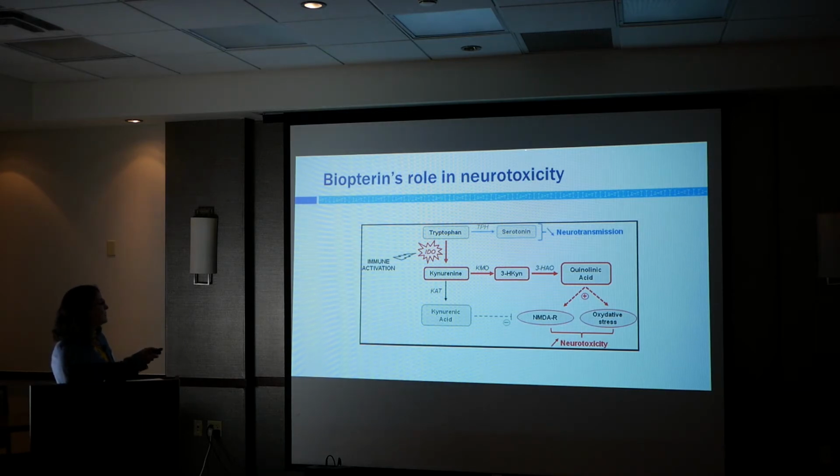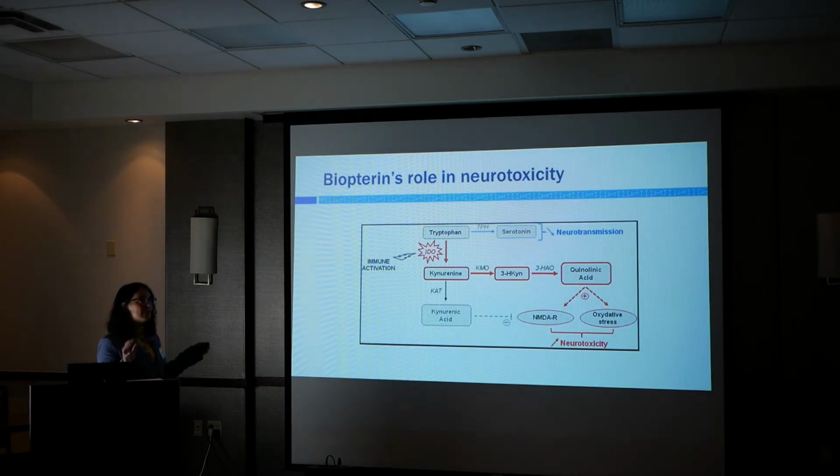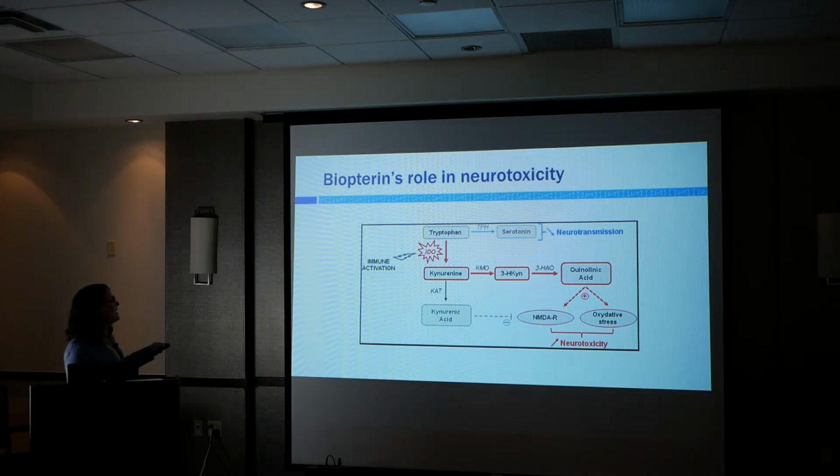I like to show this image because this is where biopterin is really important, right, in these conversion of tryptophan here. And when we have tryptophan in a really inflamed situation, this pathway here is affected by biopterin. We don't have the movement towards serotonin. Instead, we end up converting into kynurenine.